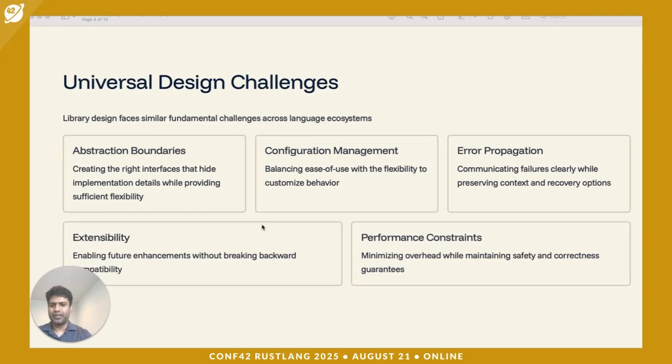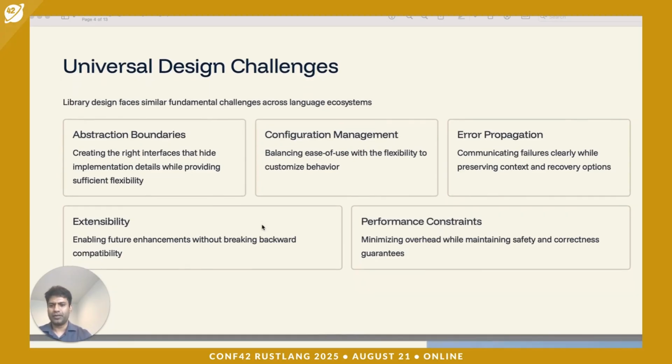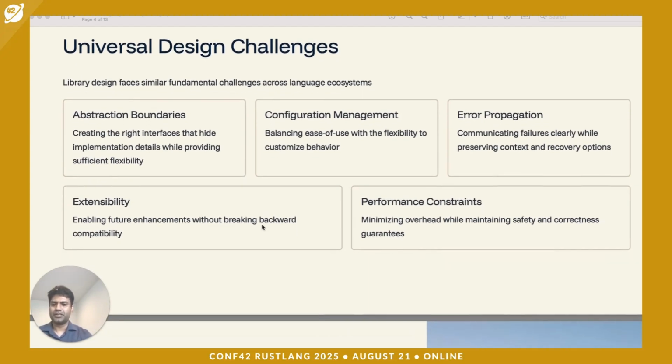And extensibility. You should always leave space for future enhancements, but that future enhancement should not come at the cost of breaking backward compatibility. Performance constraints. You should minimize the overhead while maintaining the safety and correctness guarantees.